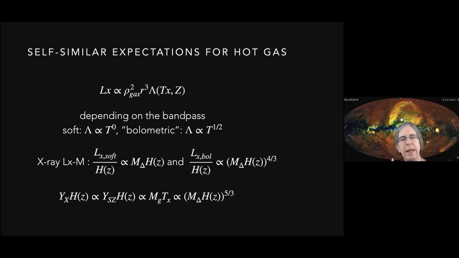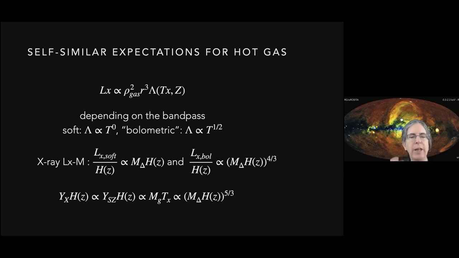If you're just looking at the lowest energy or soft X-rays, for example from ROSAT, this cooling function is insensitive to temperature. And if you're making a bolometric estimate based on a broader bandpass, lambda is proportional to T to the 1/2.